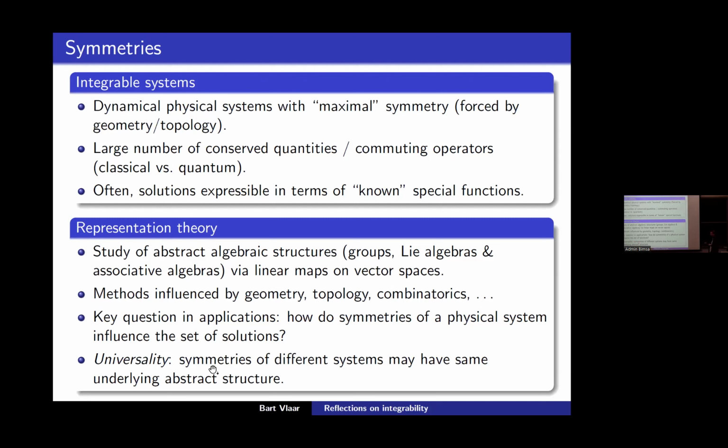So you can use some algebraic object and look at different representations and learn about different models at the same time. This is good for efficiency: you might do a computation in this abstract structure and draw conclusions about several models at the same time. That is something that will come back.